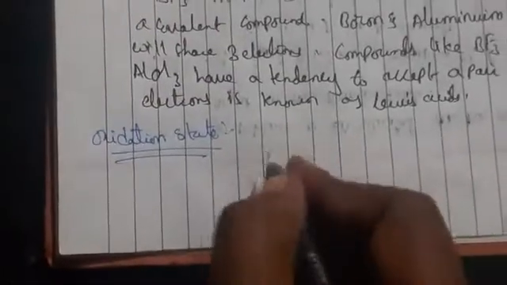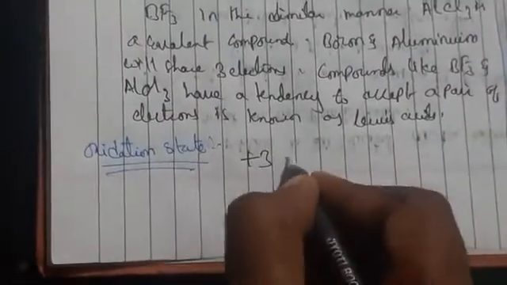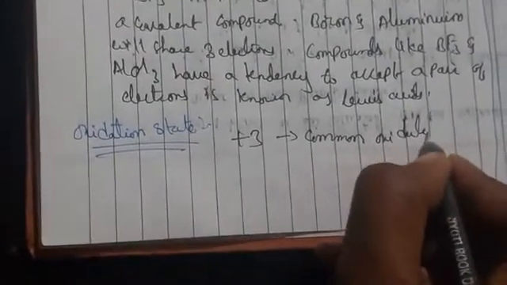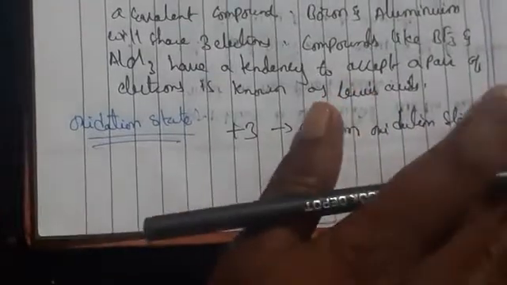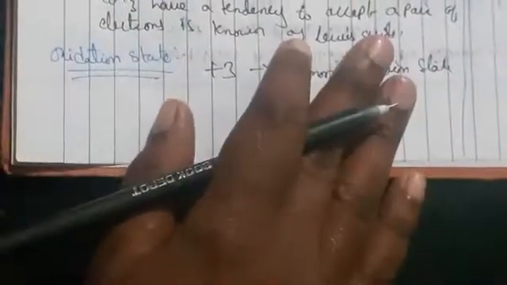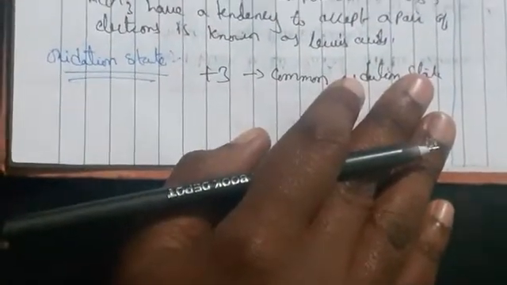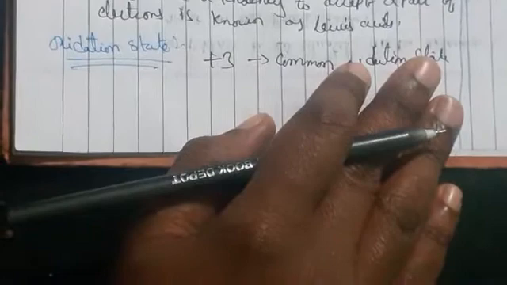So the boron family will exhibit plus 3 as the common oxidation state for all the elements. All elements generally exhibit plus 3 oxidation state in their compounds. Here the stability of plus 3 oxidation state decreases down the group due to inert pair effect.